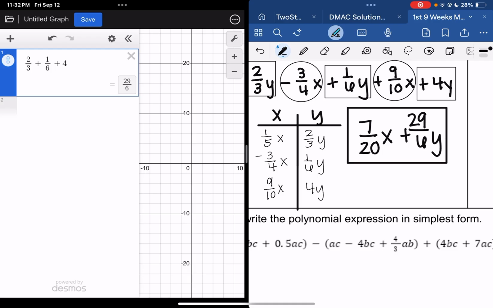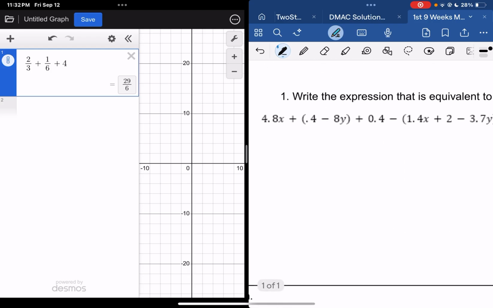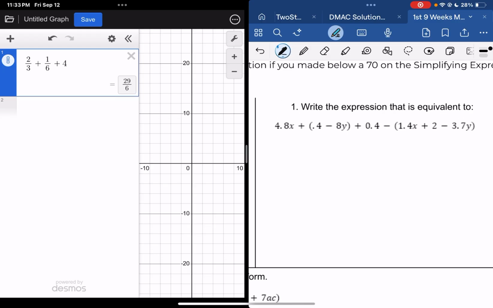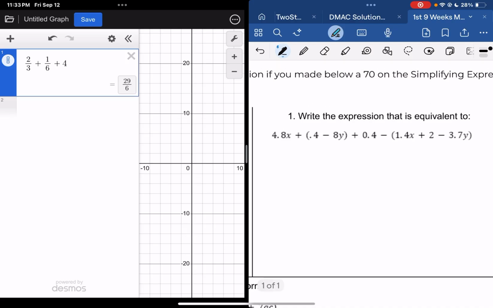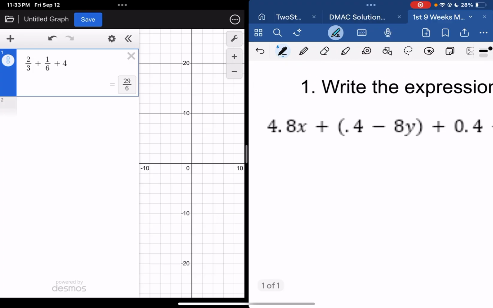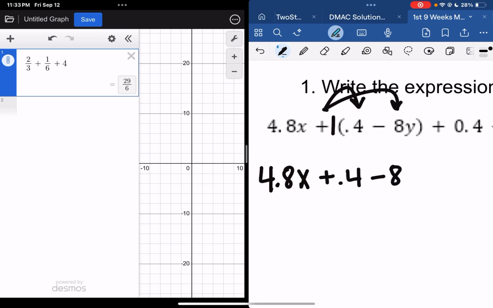All right. So this next one. Be careful. Some of us want to distribute this 4.8 to everything, but that's not what's right in front of the parentheses. What's right in front of this parentheses is a 1. So the 4.8x just gets brought down. And then I multiply. 1 times 0.4 is just a positive 0.4. 1 times negative 8 is just a negative 8y.